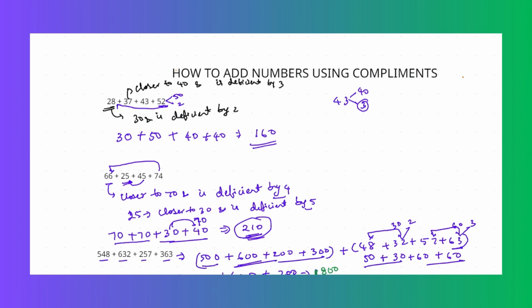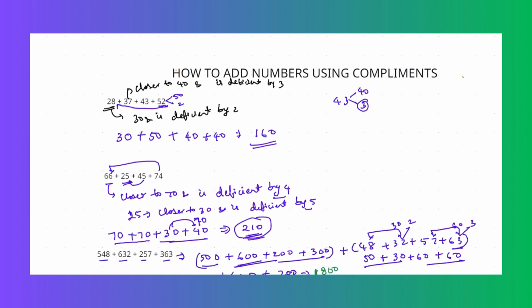From this 52, we take away 2 and give it to 28. So that becomes 30 and 52 becomes 50. Similarly, from 43 we take away 3 and give it to 37, so it becomes 40 and 43 also becomes 40. So that is 30 plus 50 plus 40 plus 40, which becomes 150.